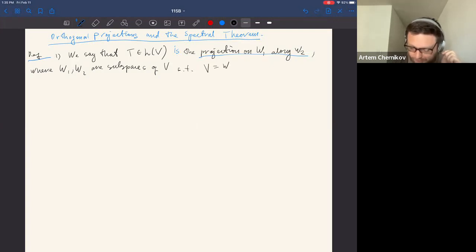So V can be written as W1 direct sum with W2.